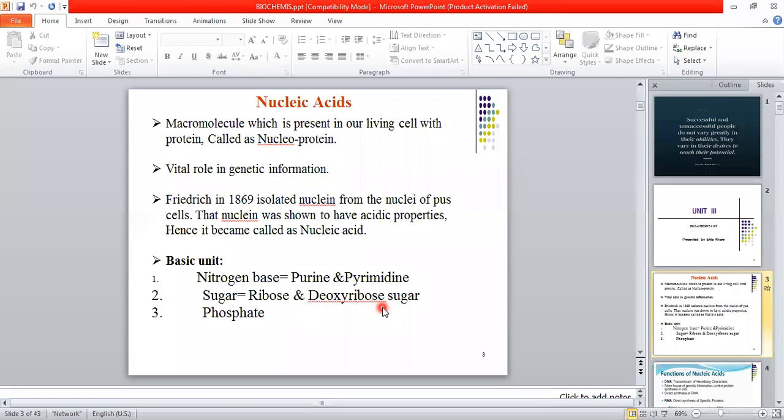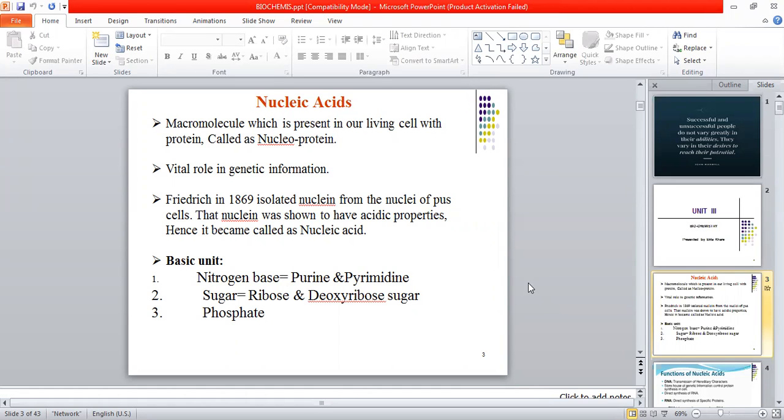In the further slide we will see it, but here we have to observe that in ribose sugar there will be an OH group at the second position, but in deoxyribose sugar, deoxy means removal of oxygen, where oxygen is removed and only one hydrogen is added. Then the next thing is phosphate, which is added in each DNA and RNA unit.